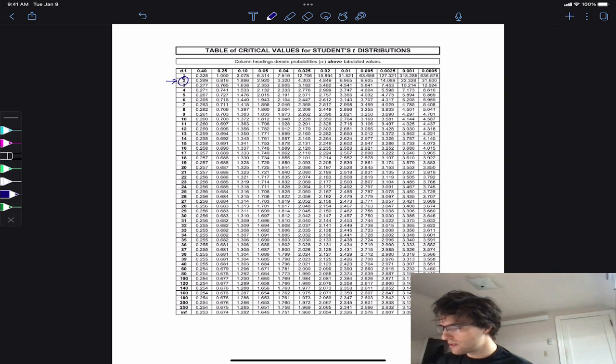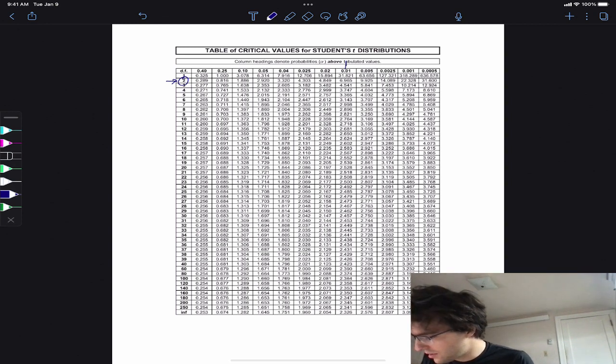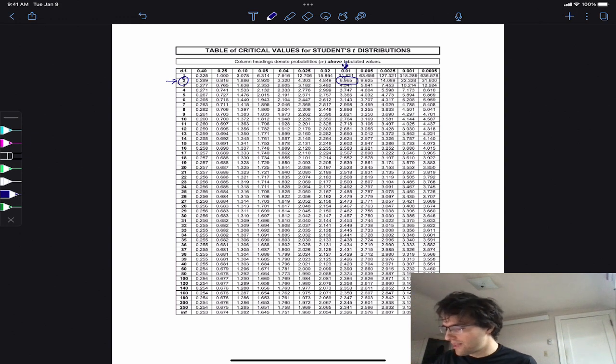We want the inverse, where things are less than 0.99, so you look at the 0.01 column, and then look at this value here, which is the value we want: 6.965.